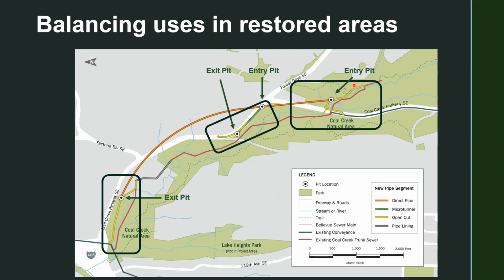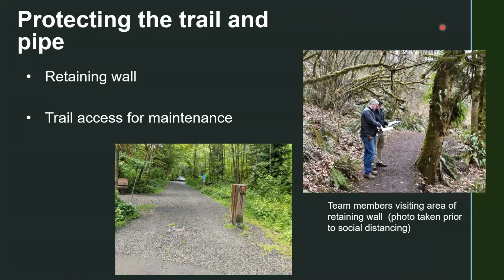We need to make sure that that pipe is well protected from the stream, future movements of the stream. What we want to do is avoid as much as possible the type of scenario that we saw in some of those earlier slides of the existing pipe being exposed. So the first area I want to talk about in terms of this idea of balancing multiple needs is the Upper West Trailhead.